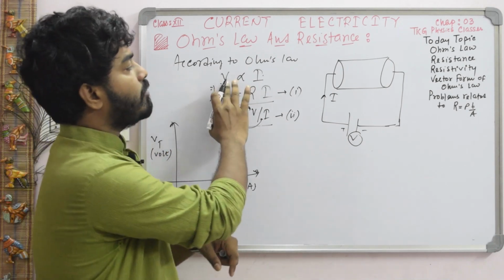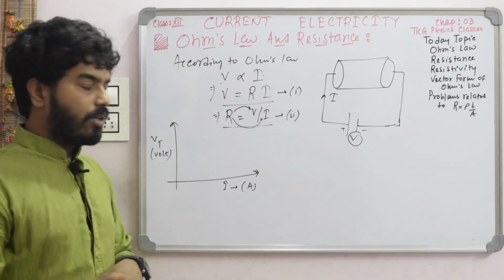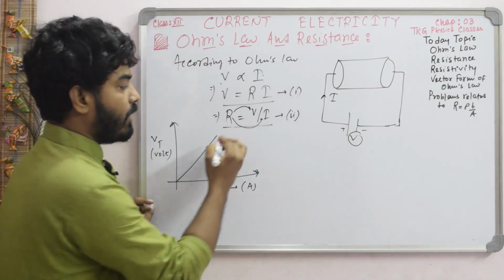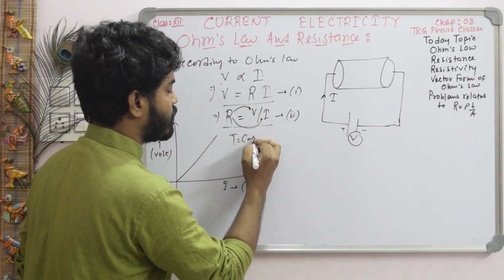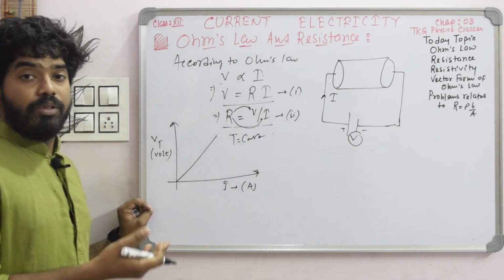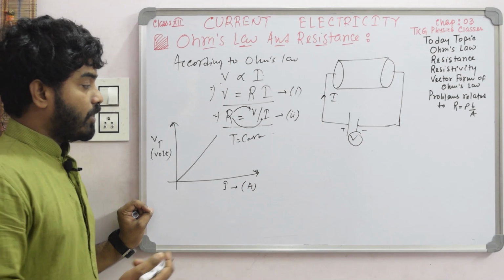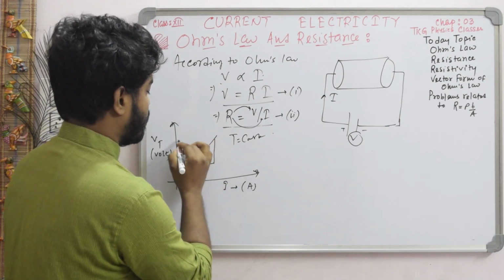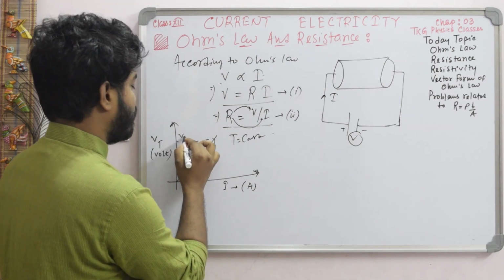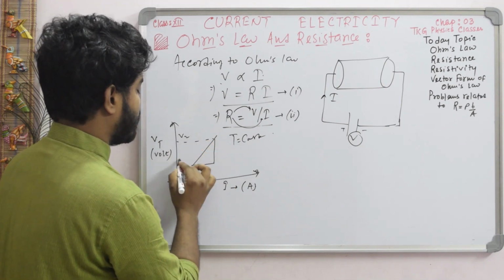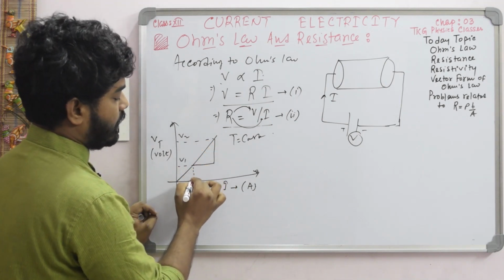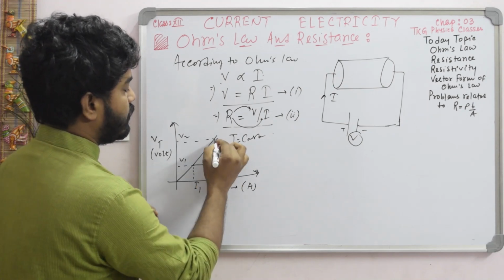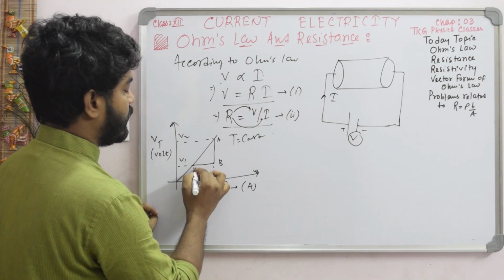You know the relation V is directly proportional to I, so the graph will be a straight line passing through the origin, and the condition applied here is that temperature remains constant. Now what will the slope of this graph represent? Suppose this point is V2 and the initial point is V1, this point is I1 and this point is I2, and mark the points A, B and C.